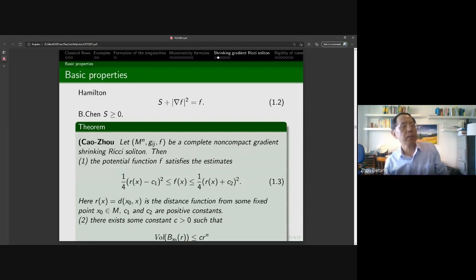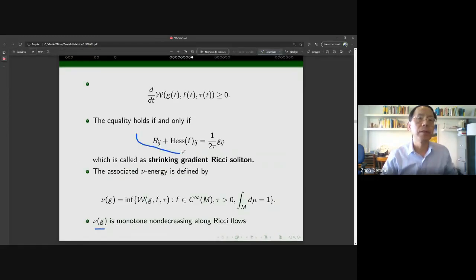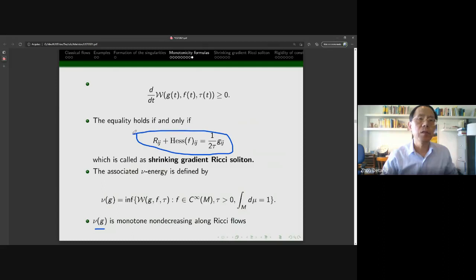Now we can see some properties of this equation. Let's go back to this equation here. If you look at this one, we can normalize the constant such that tau is 1. So this is the equation with respect to the metric and the function f.